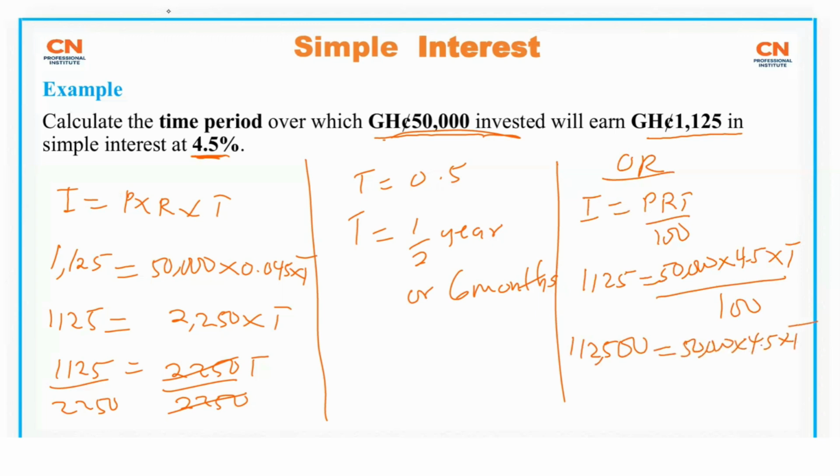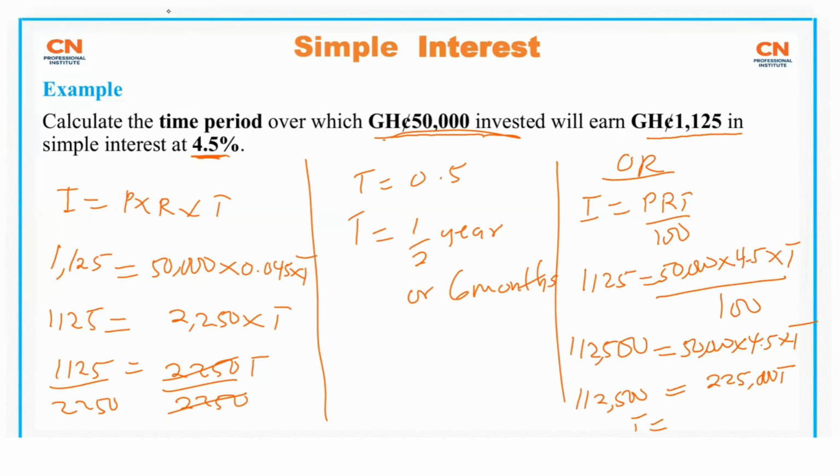So 50,000 times 4.5 gives me 225,000 T. So 112,500 is equal to 225,000 T. To make T the subject, you divide both sides by 225,000.